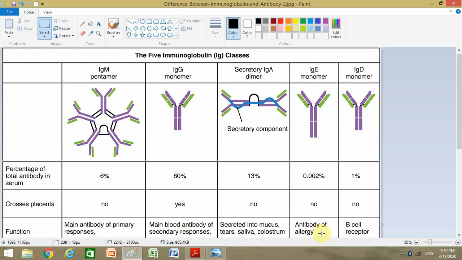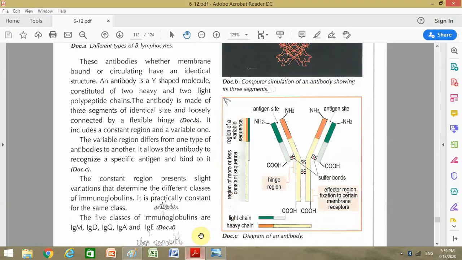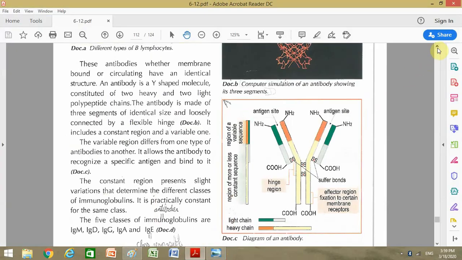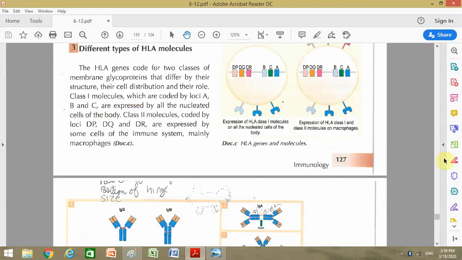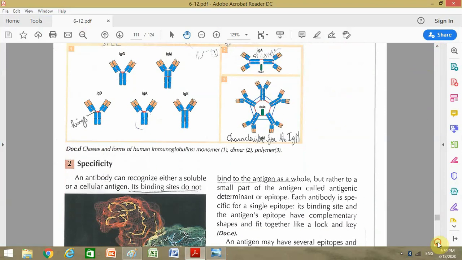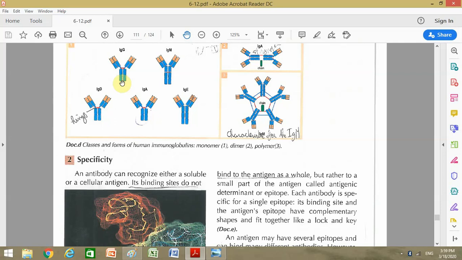IgE is important in allergy, while IgD is found on the surface of the B cells. Here also in your book you can obtain the different types or the different classes of antibodies.